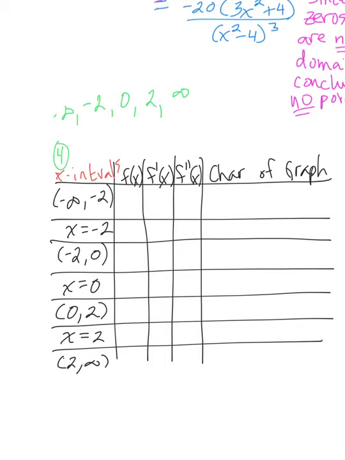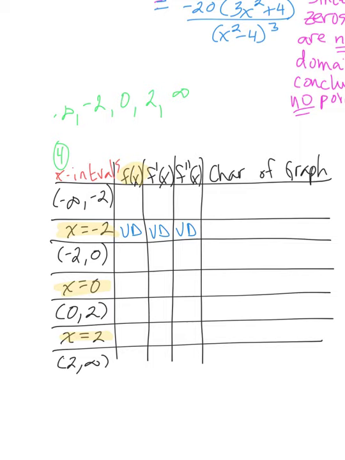Okay, so remember that at our x equals, that's the only place that we evaluate for f of x. So here, here, and here. So let's go ahead and do those. If I substitute in -2 into the original function, I am going to get undefined. And let's just look at the first and second derivative while we're at it, because it is undefined in all three of those.